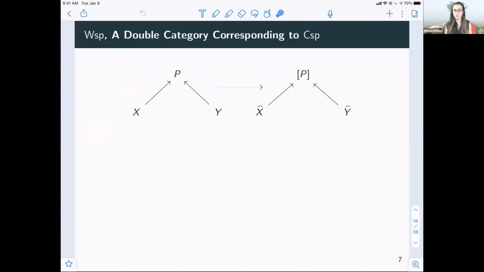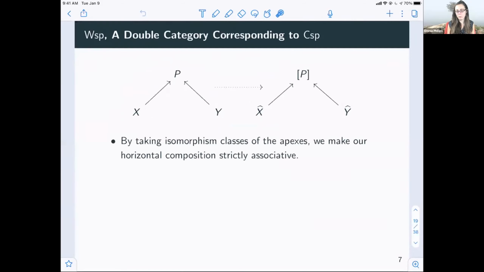So the first thing we need to deal with is the fact that horizontal composition in Cospan is not strictly associative. So to handle that, we take isomorphism classes of the apex, which will make our horizontal composition strictly associative, since the composition here is associative up to isomorphism. However, of course, by taking the isomorphism classes of the apex, we're losing a significant amount of data.